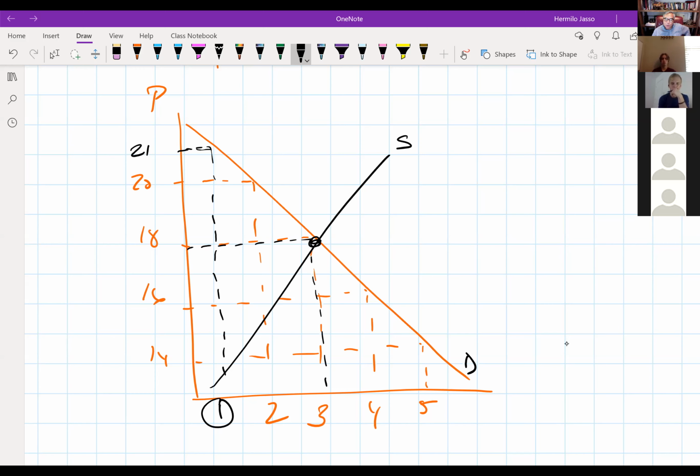How much was I willing to pay for the second unit? I was willing to pay $20. How much did I end up paying for the 3 items? $18. So as you can see, the market allowed me to buy all the products at a price lower than what I was willing to pay, with the exception of the last unit.